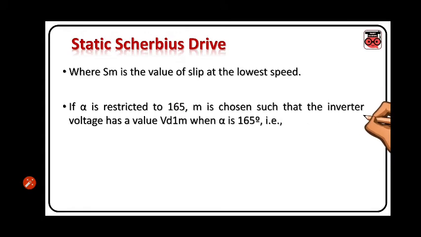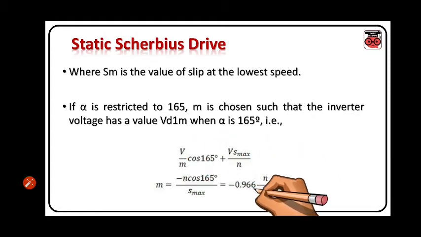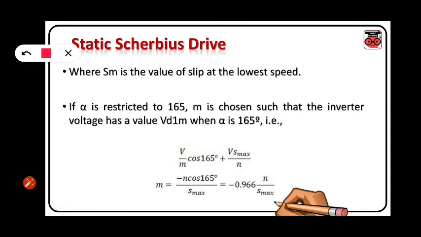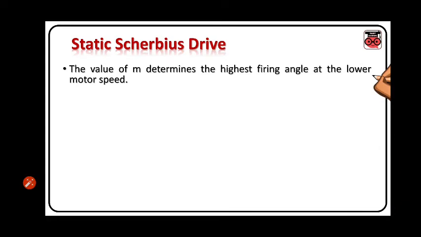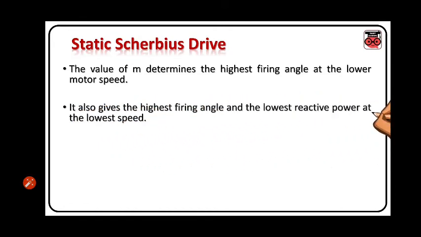If alpha is restricted to 165 degrees and M is chosen such that the inverter voltage has the value Vd1m when alpha is 165 degrees, you can see in the equation, from that, M equals minus 0.966 into N upon S max. The value of M determines the highest firing angle at the lowest motor speed. It also gives the lowest reactive power at the lowest speed.